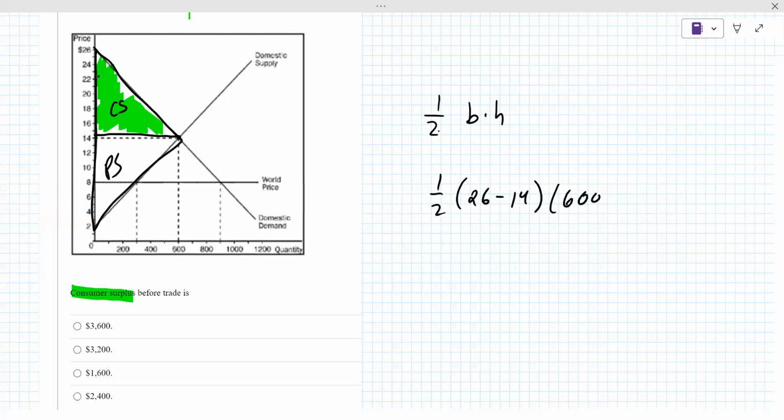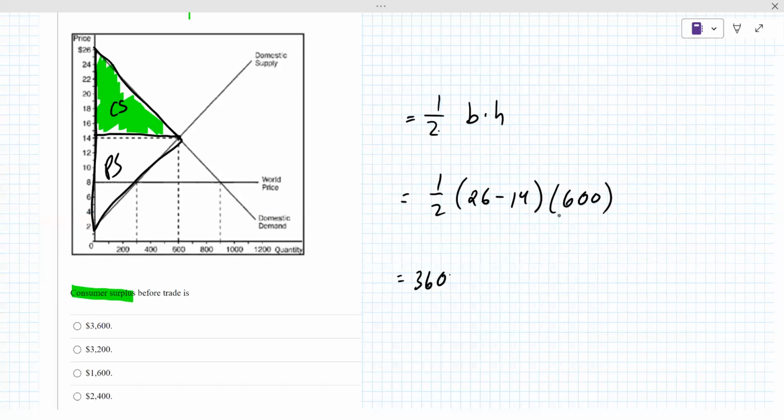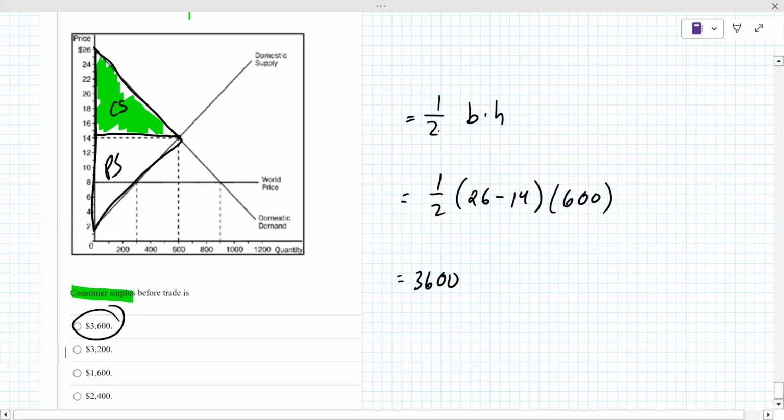You're welcome to switch these, but 26 minus 14 is 12. Half of 12 is 6. 6 times 600 is 3,600. Now after the trade, it changes. We don't have to figure that out here, but that's something to think about.